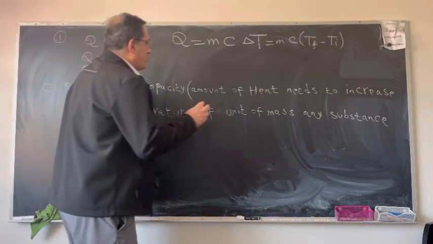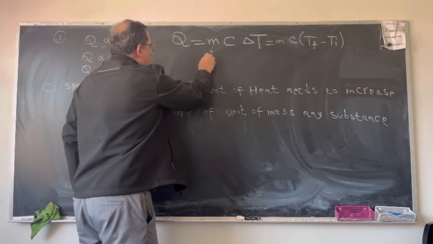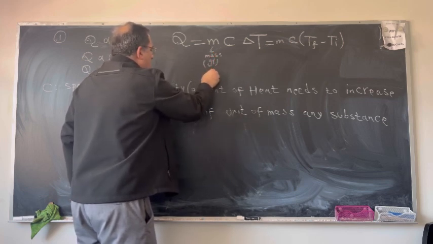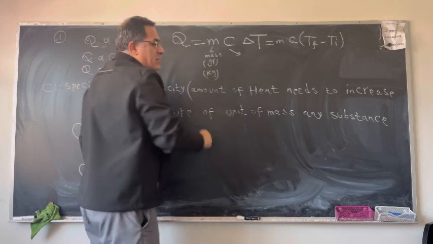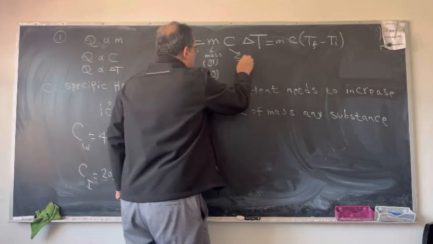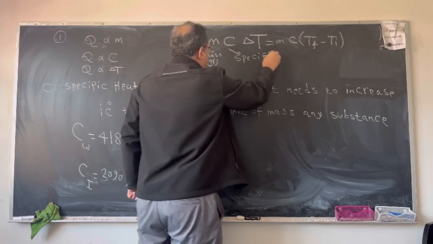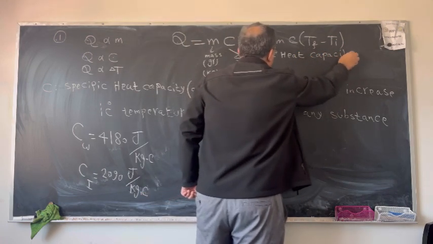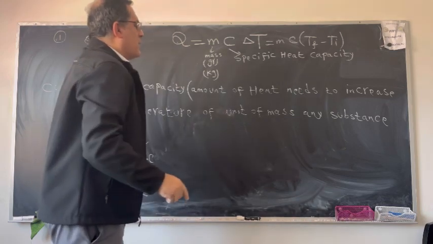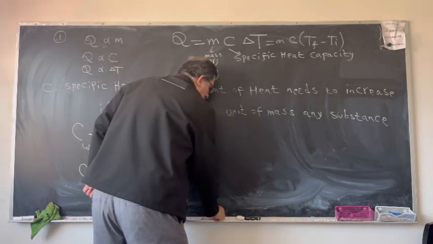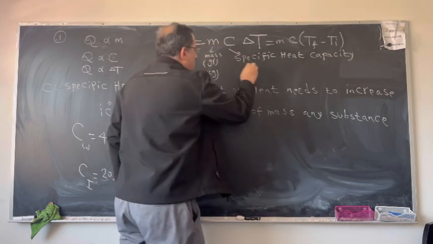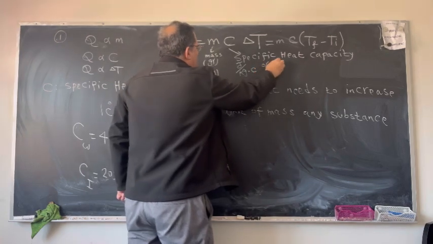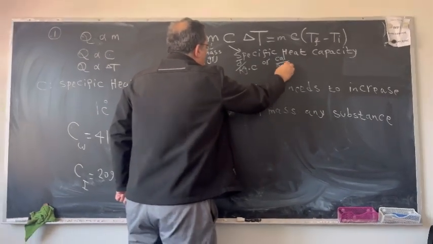So, m represents mass, here in grams or kilograms. C is the specific heat capacity. Here, the unit of specific heat capacity is joules per kilogram times centigrade, or calorie per gram times centigrade.